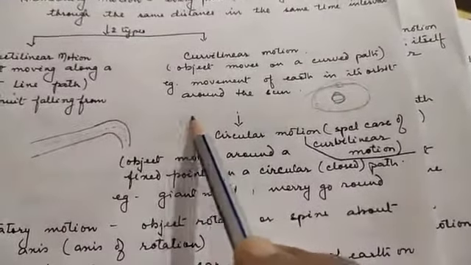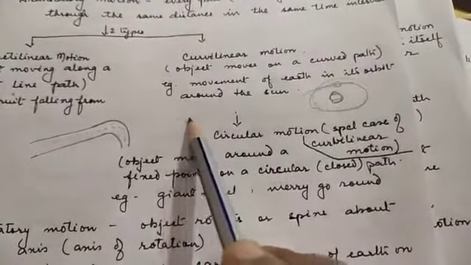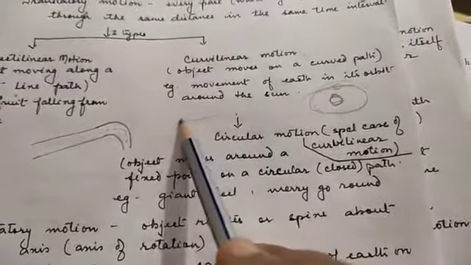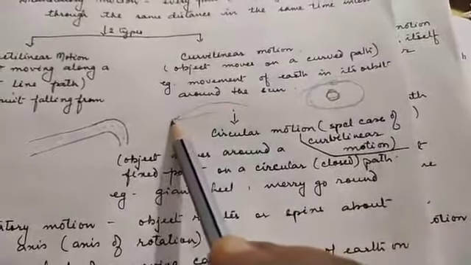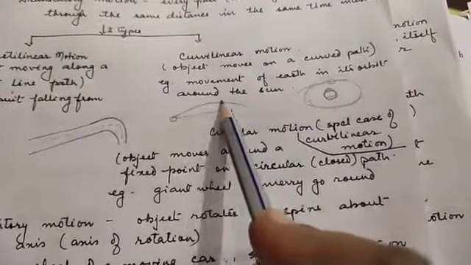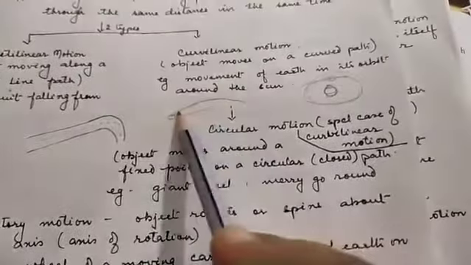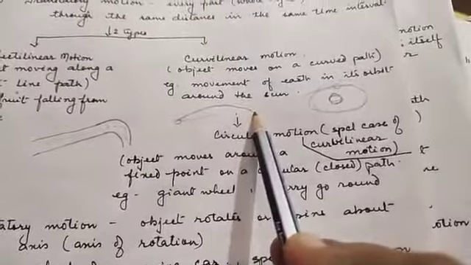You throw a ball. When you throw a ball, does it move straight? No, it makes an angle and goes, isn't it? So this ball, when thrown, takes a curvilinear path. It is in curvilinear motion.